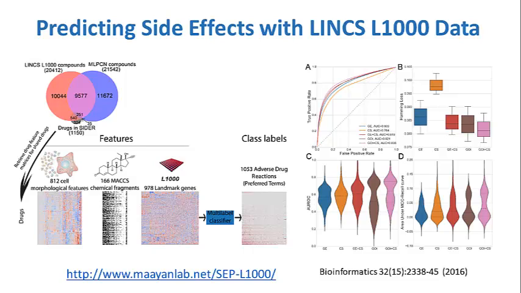And this is how you evaluate classifiers. A whole lecture could be done just on how you evaluate classifiers. But this is the distribution of the ability to predict. It shows you that for some drugs this works, and for some drugs it doesn't work.